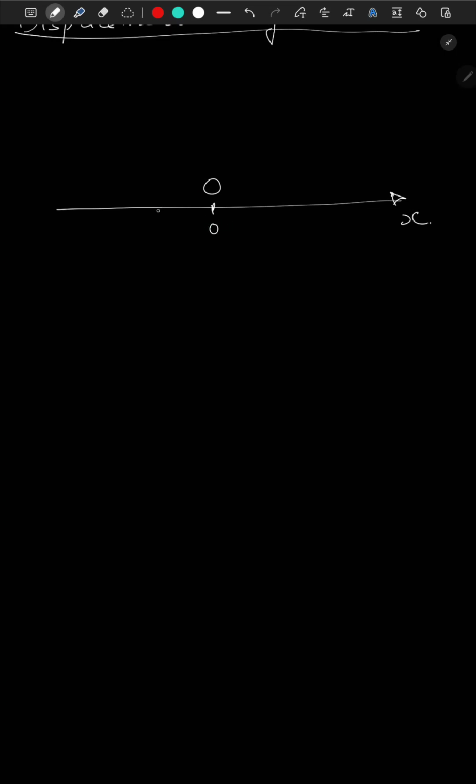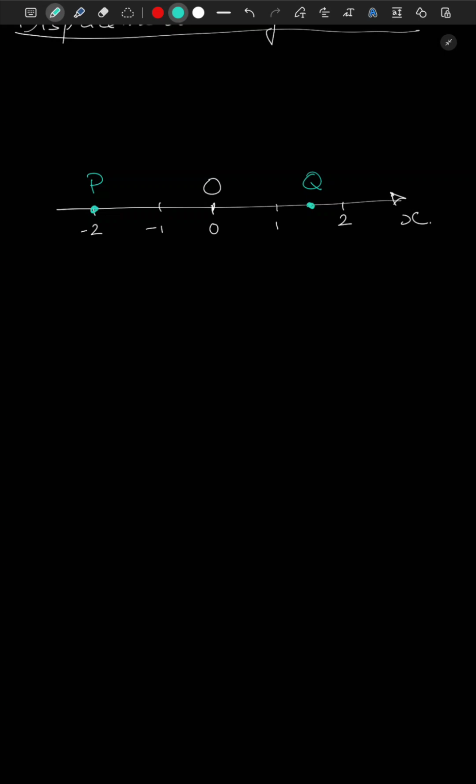Let's call it 0. This is -1, this is 1, and this is 2. This is -2. So let's suppose point P is at -2. This is point P. And point Q is at 1.5. So it is located at 1.5.